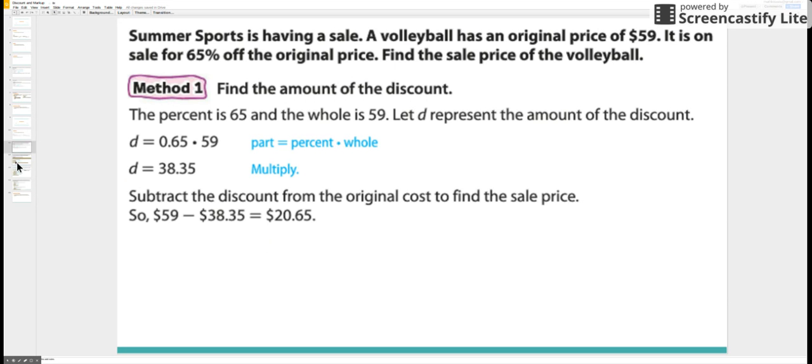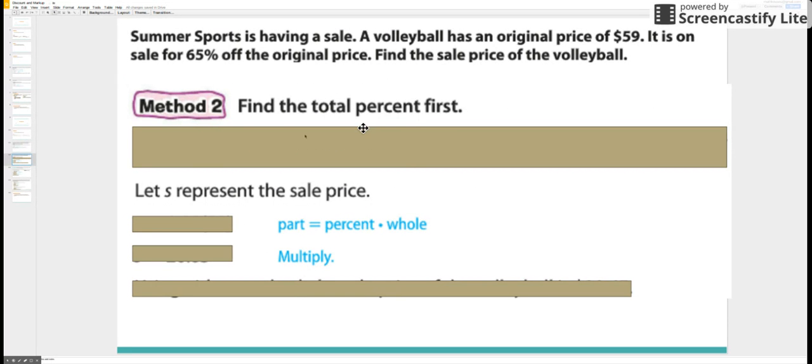Now, there's another way to solve these sorts of problems. You could find the total percent that you, the consumer, would be paying for first. Okay, so think about it like this. If the original price of the volleyball is $59, this represents 100%. Now, it's on sale for 65% off.